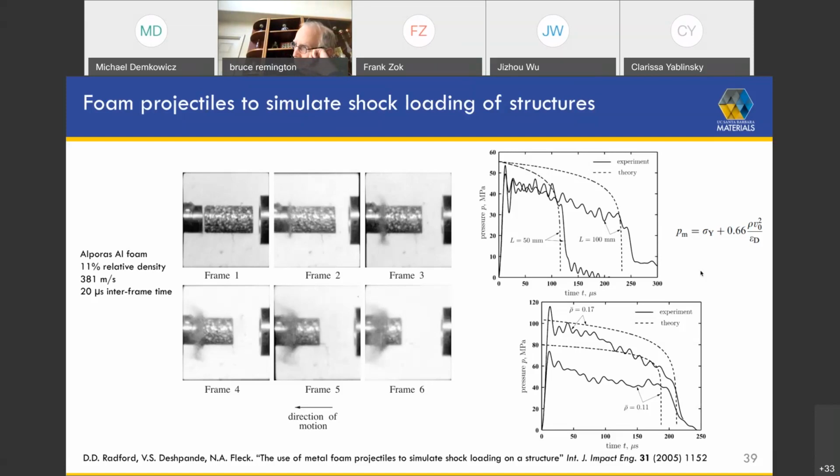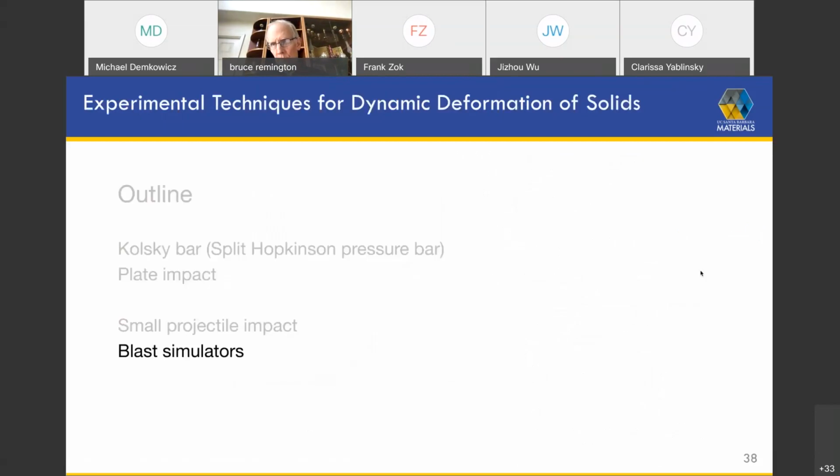Is this in the context of a flyer plate impact or a split Hopkinson bar? The question doesn't specify whether it's the bar or the plate. Trying to distinguish between the rate sensitivity.